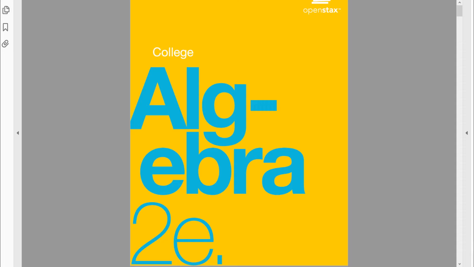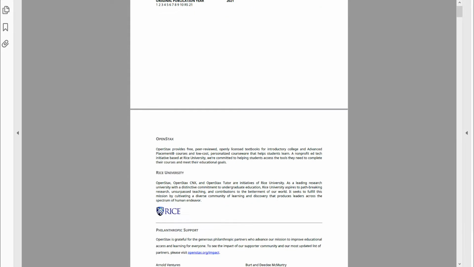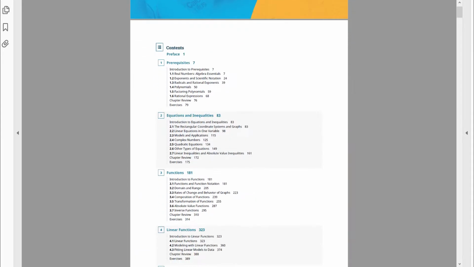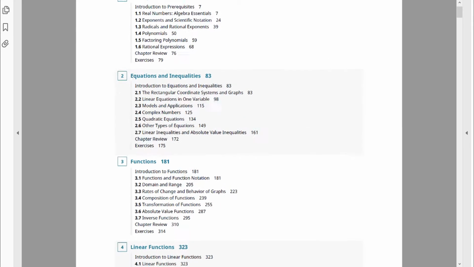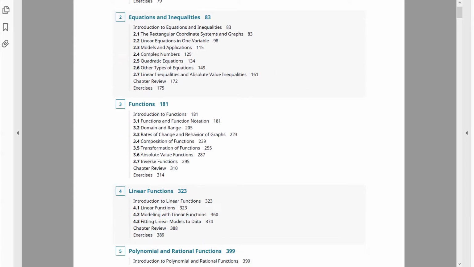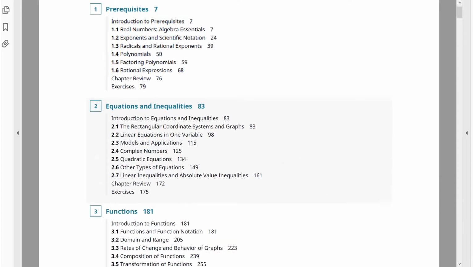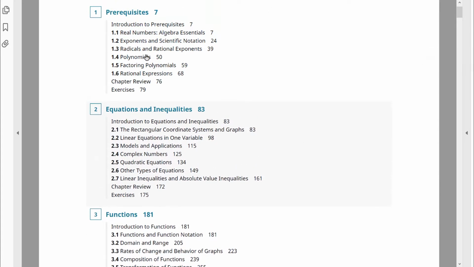This is the cover of the book. Go to the index of contents and try to find polynomials. Here it says page 50.